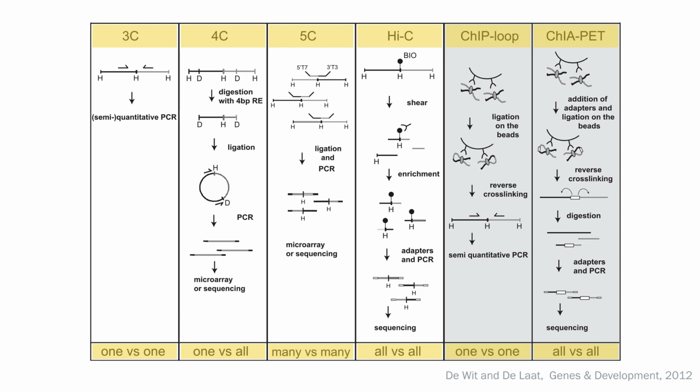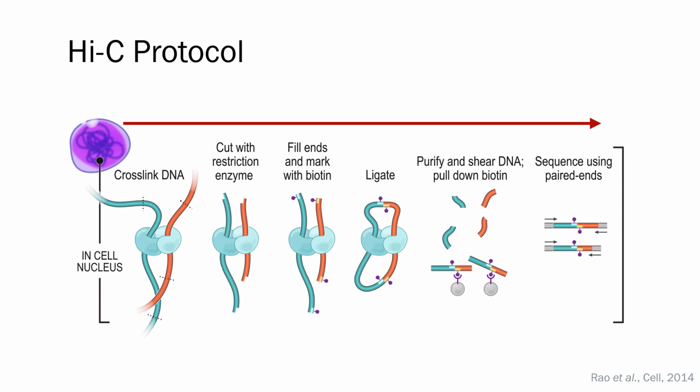So the blocks that I'll show you later, at which level we can look at interactions, are approximately 1,000 base pairs. We can't go lower than that. You would have to sequence so much that it would be, A, probably not very informative, and also very, very expensive and hard to deal with the data set. So keep that in mind. We're not looking at base pair level interactions here. Okay, so Hi-C, that's the protocol.